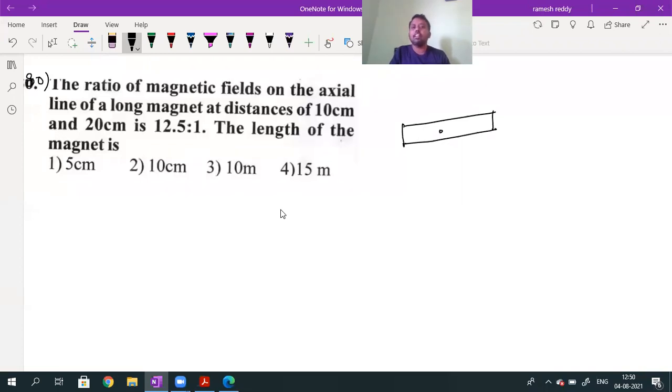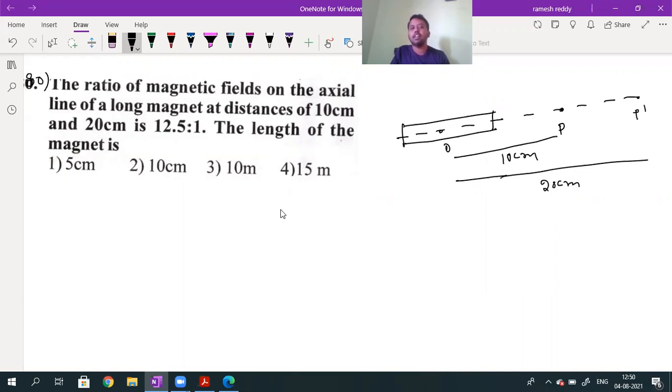On the axial line of the long bar magnet, magnetic field inductions are given at 2 points. One point let me call P, another point let me call P dash. The distance of P from the center is 10 centimeters, and the other point is at a distance of 20 centimeters from the center.